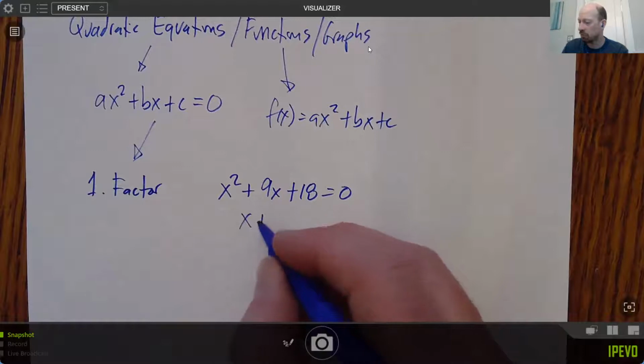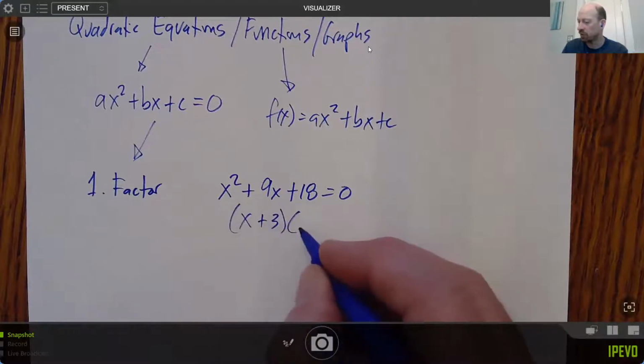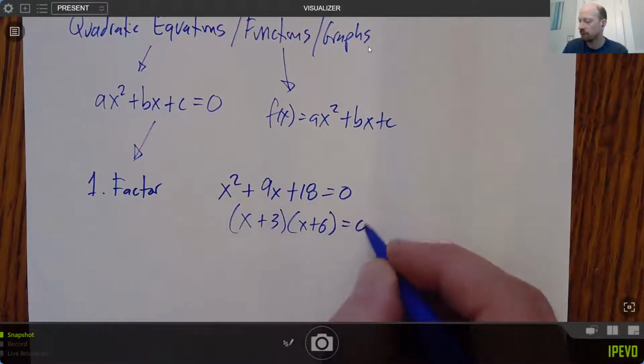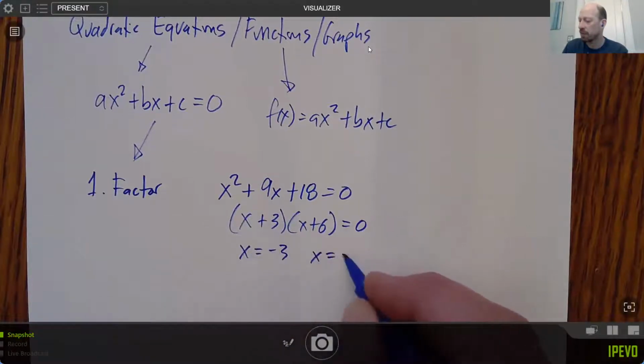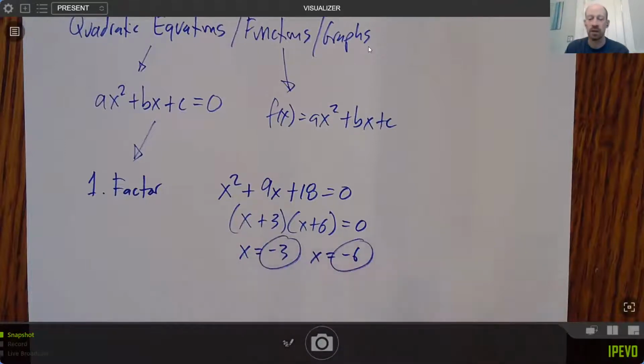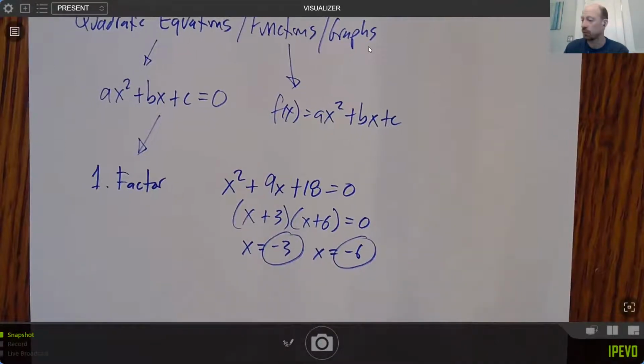And hopefully your instinct is to factor that and set each of those factors equal to 0, giving us those two solutions. Always a great solution. Okay.